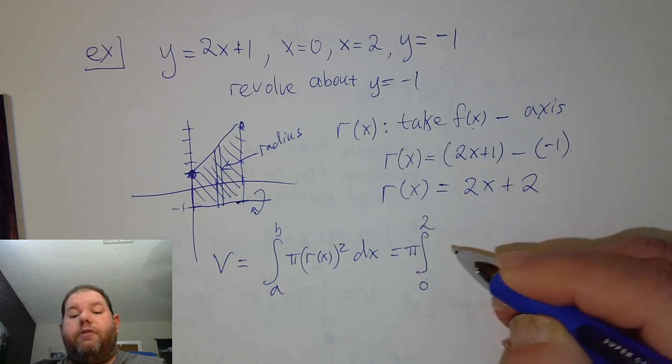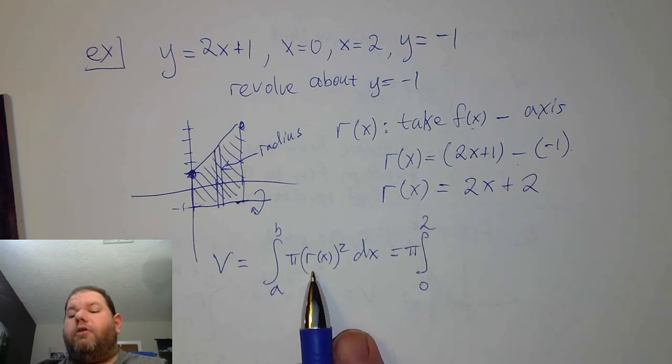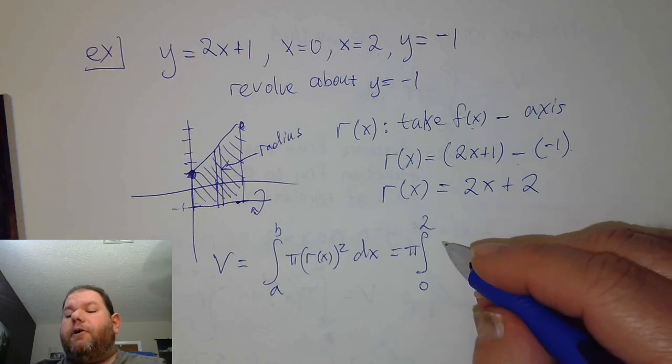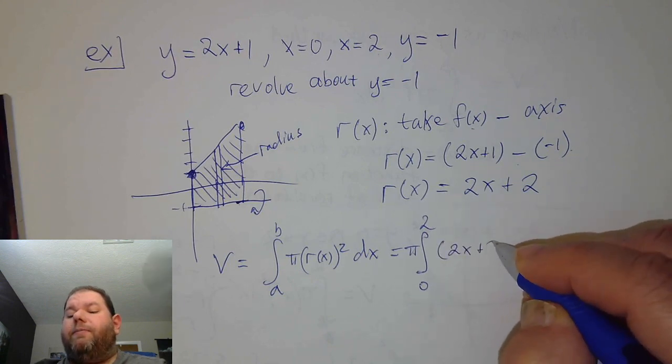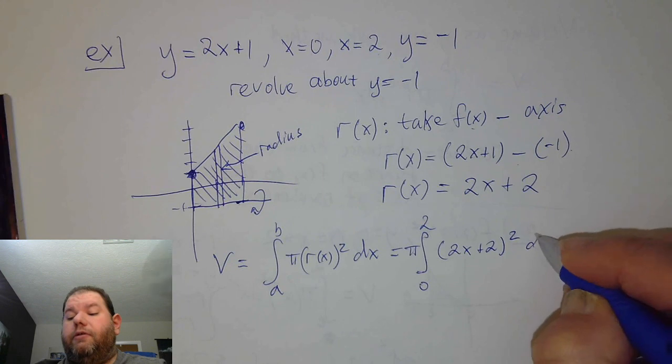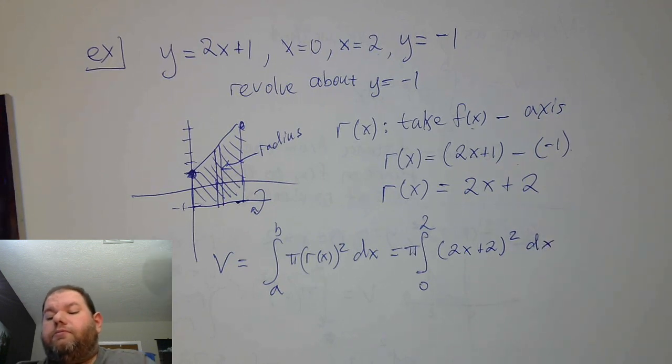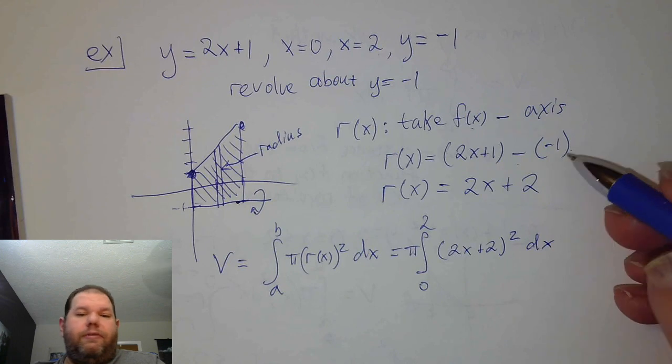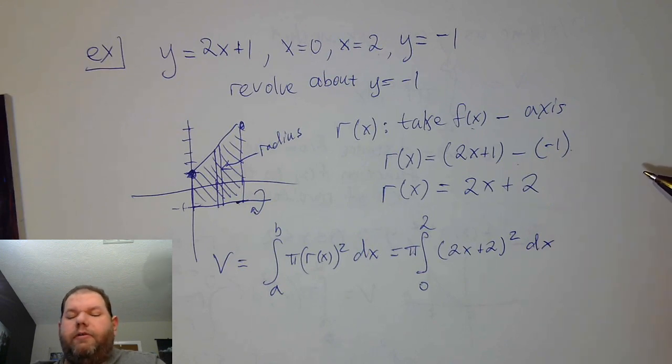I'm going to go ahead and factor out the pi. And then r of x is 2x plus 2, a binomial that is being squared. We want to make sure that we get r of x correct, because if this is incorrect, then everything else that follows is going to be incorrect. But I mean, we know how that goes.